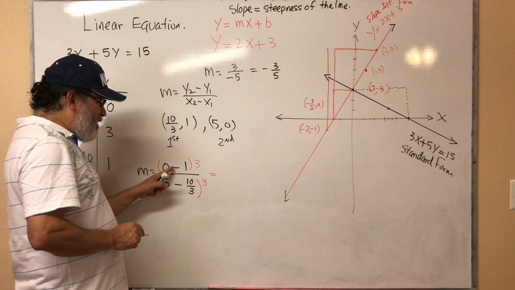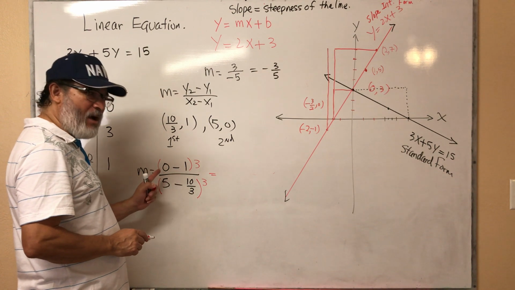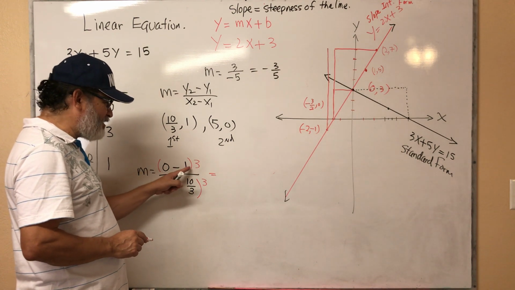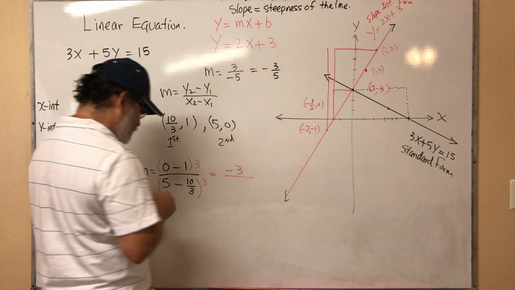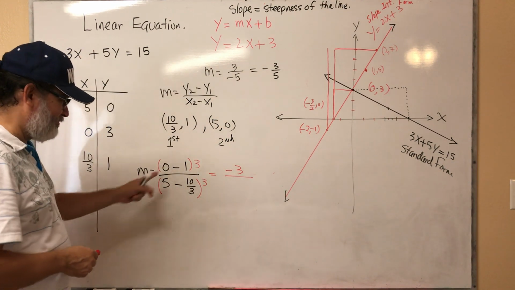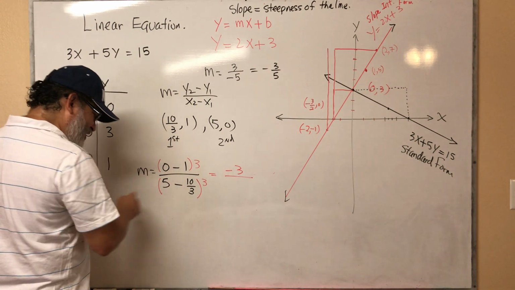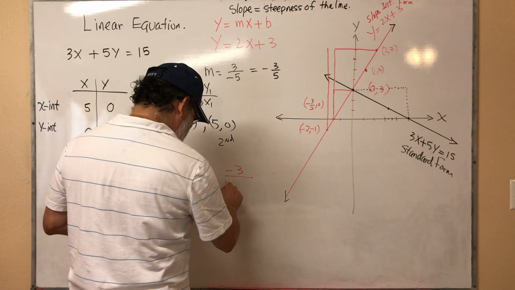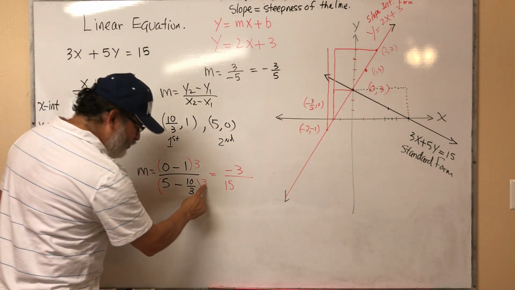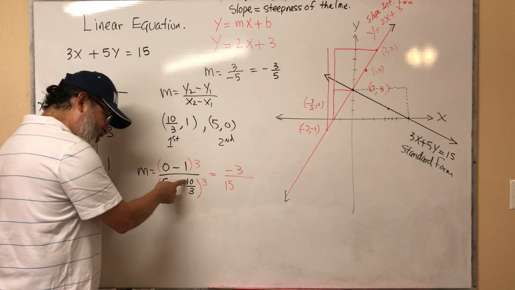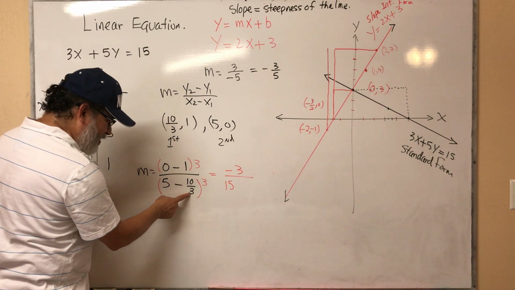What is 0 minus 1? Negative 1. What's negative 1 times 3? Negative 3. What's 3 times 5? 15. What's 3 times 10? 30. What's 30 divided by 3? 10.